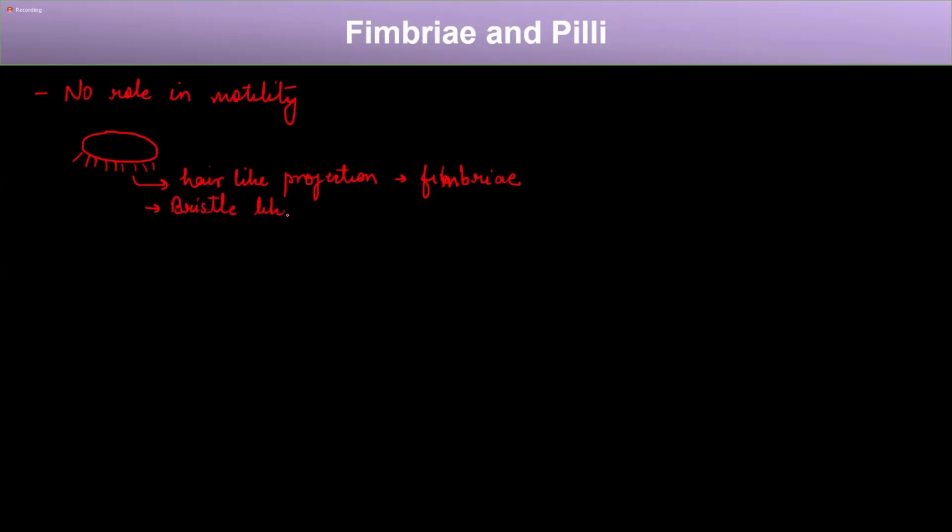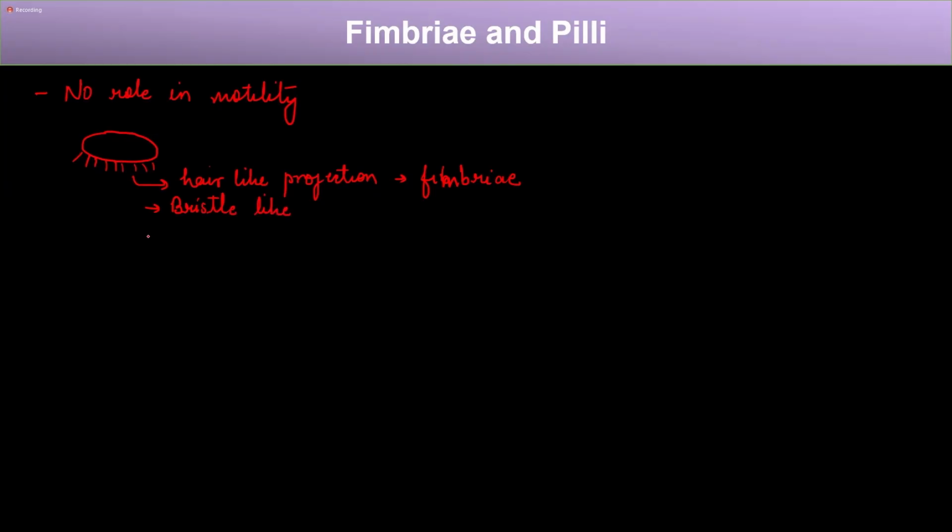Now, what is fimbriae? If you see, you have a bacteria, something like this. The bacteria has certain outgrowths, some like this. This hair-like projection is called fimbriae. It looks hair-like or bristle-like, so its structure is bristle-like.